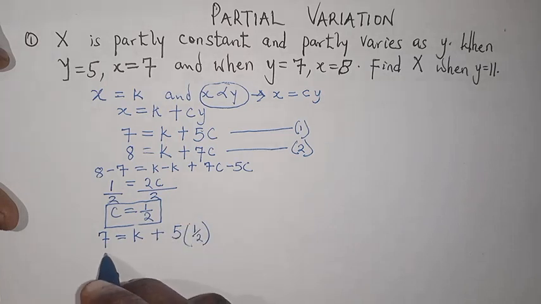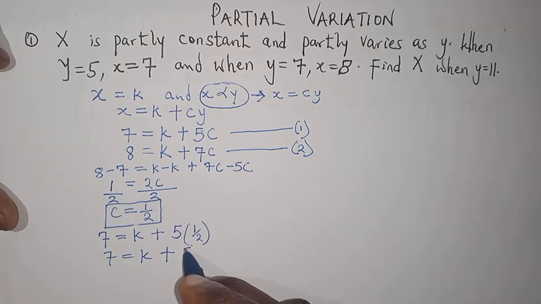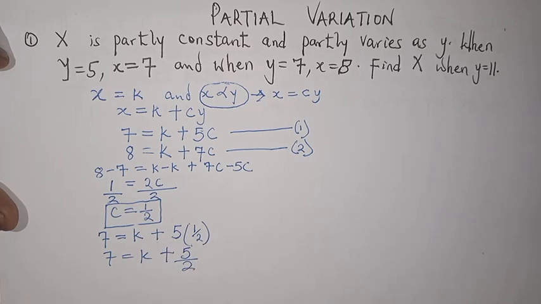So 7 equals k plus 5 over 2. At the end of the day, we are going to collect like terms. So this 5 over 2 crosses the equality sign and it becomes 7 minus 5 over 2 equals k.